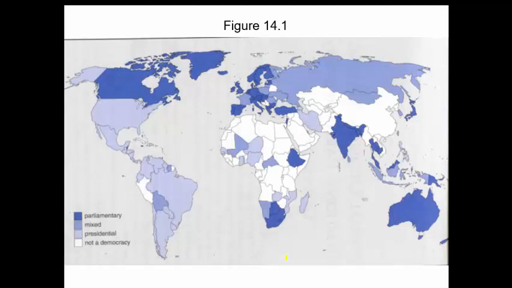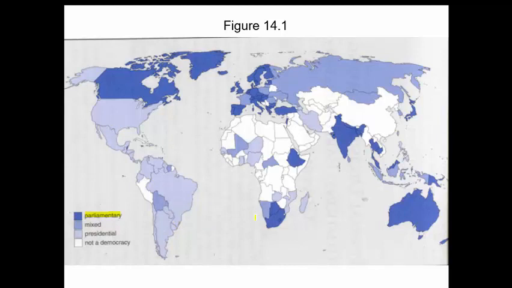Here's a map right out of the book, figure 14.1, showing in dark blue the parliamentary systems around the world. Canada, Great Britain, much of Europe, India, Australia, South Africa. So as you can see, several of the former British colonies are parliamentary systems. We'll talk about presidential systems in the next chapter, which is the United States and much of South America.